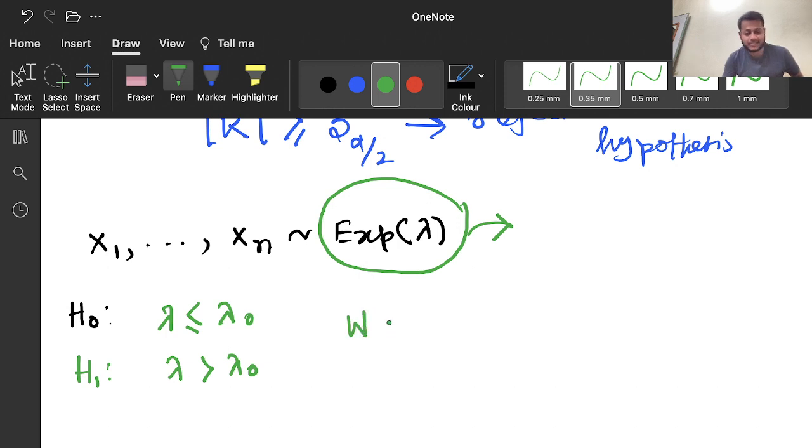Our test statistic will be 2 summation of xi by lambda 0. We know this follows a chi-square with 2n degrees of freedom.